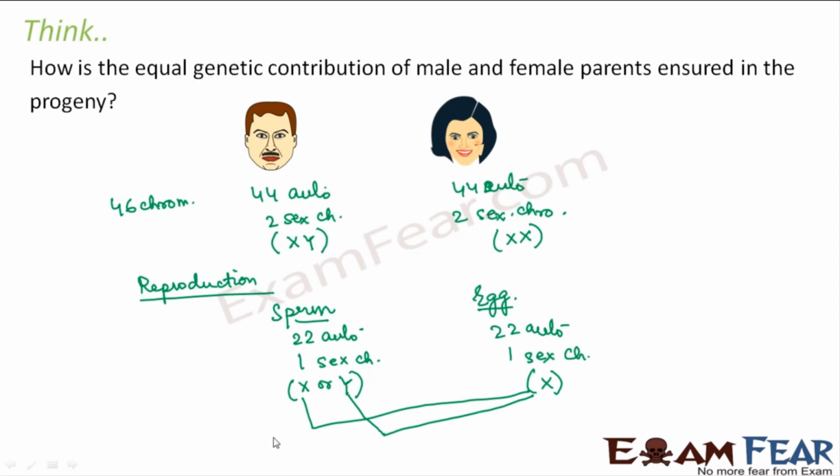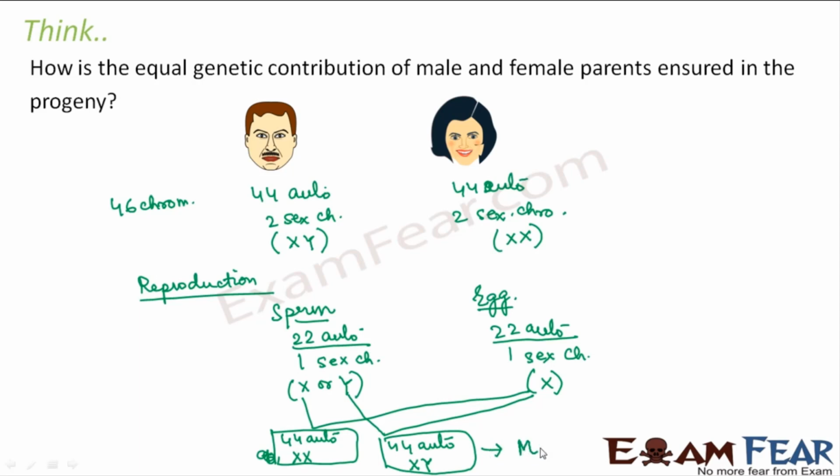So in the first possibility, 22 autosomes will combine with 22 autosomes, forming 44 autosomes and 2 sex chromosomes, that is XX. In the second scenario, these 22 and 22 will combine to form 44 autosomes, plus Y and X will combine, that is XY, 2 sex chromosomes, a total of 46 chromosomes.